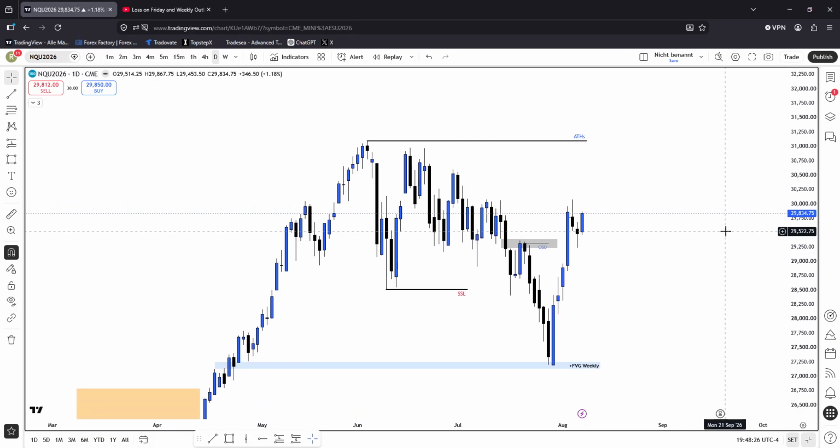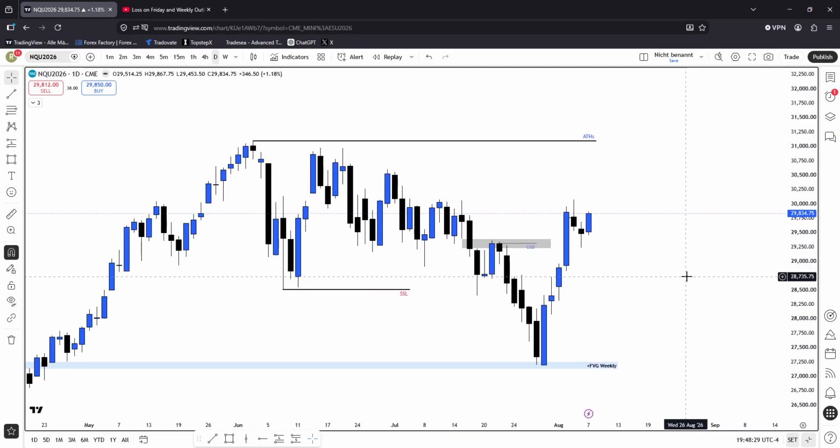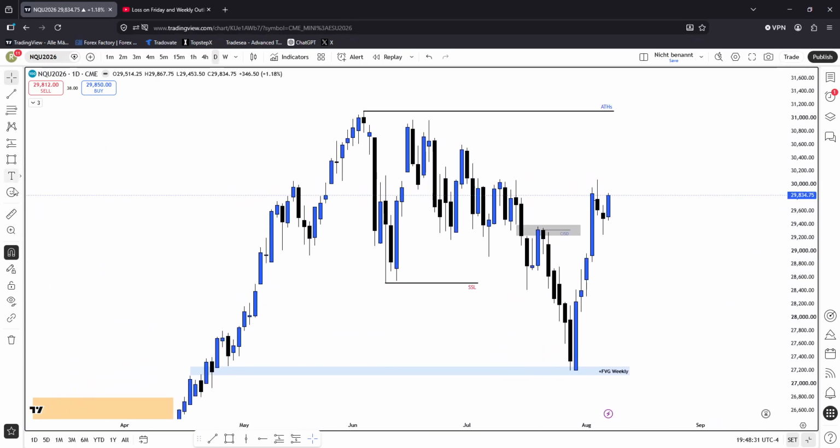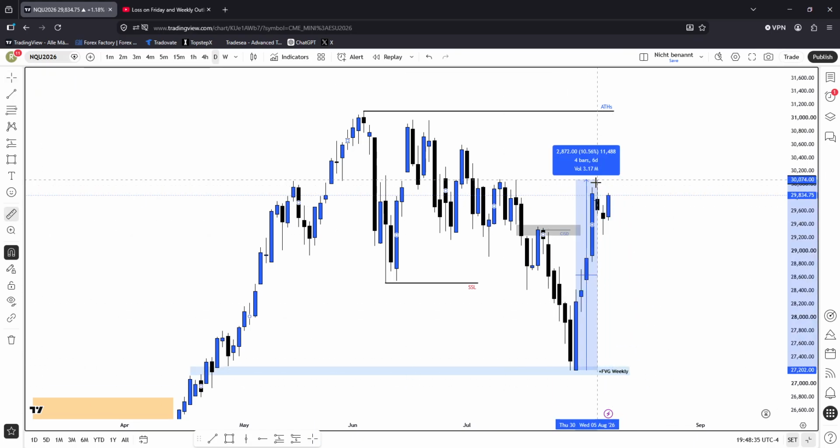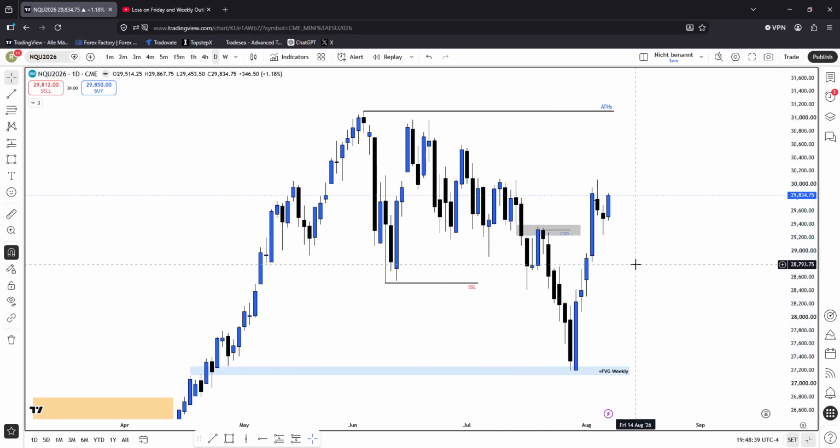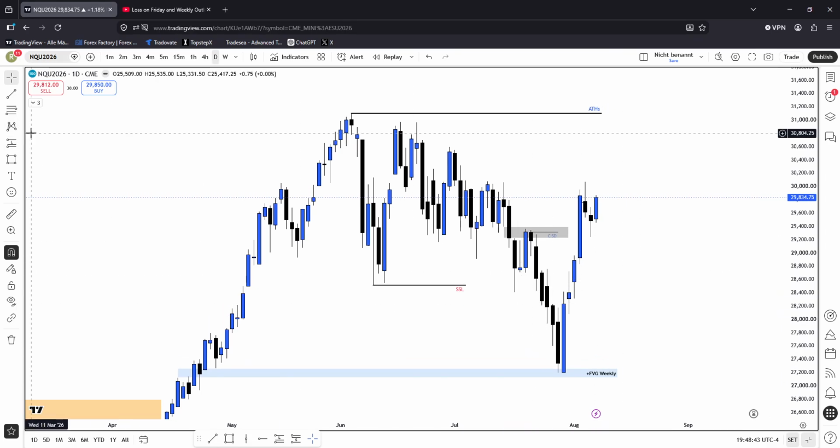And yeah, what I also like about the structure is that we have extremely obvious displacement through these key levels here. That also amplifies my bullish bias.